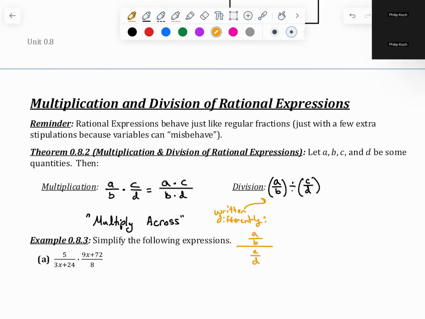Then that is equal to A over B times D over C, which is AD over BC. So we flip and multiply.